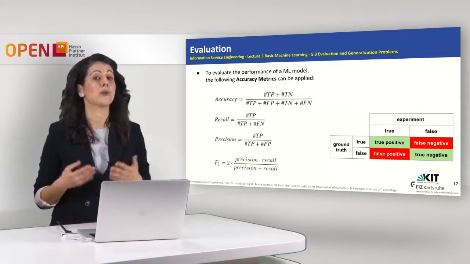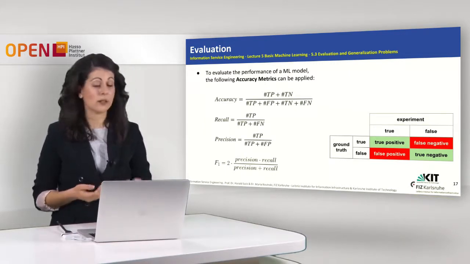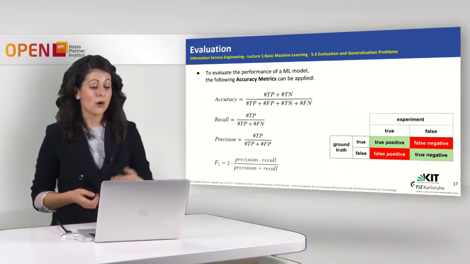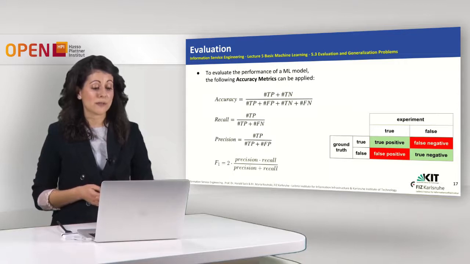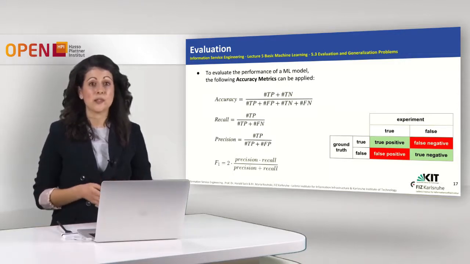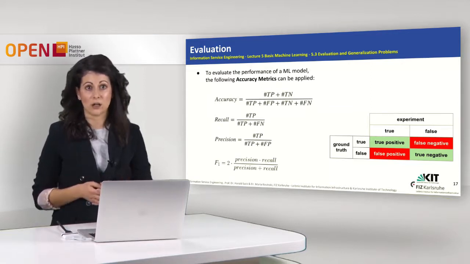Then we account also for recall. You remember recall and precision from our previous lectures, where recall is the ratio of true positives divided by true positives and false negatives. Of course, we also account for precision, so how precise the results that we get are.